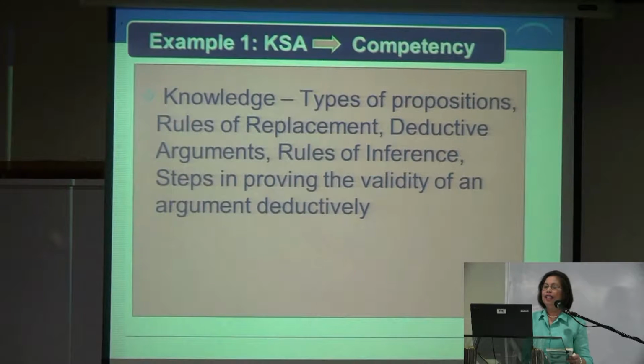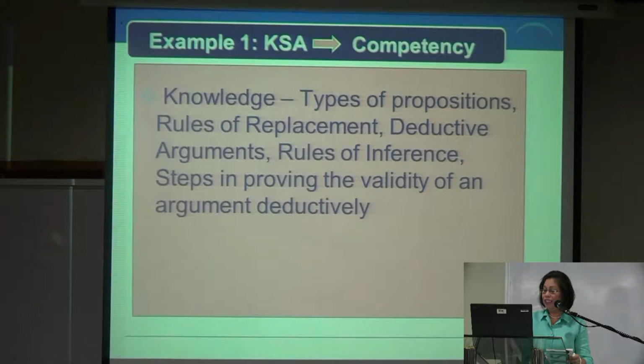Now, so the knowledge is they should be able to know and remember the types of propositions, the rules of replacement, the deductive arguments, rules of inference, steps in proving the validity of an argument deductively.